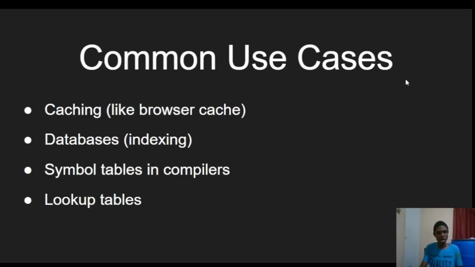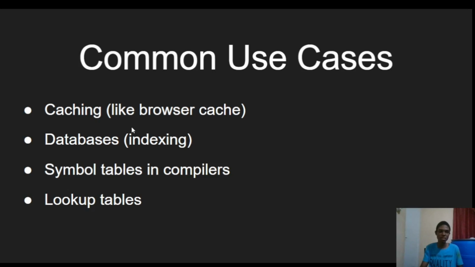So here are some common use cases of hash tables. Caching, like a browser cache. So when you go to a website, guys, if you notice a web browser loads things relatively quick, right? How does it achieve that? It uses hash tables, to ensure that we get fast results.